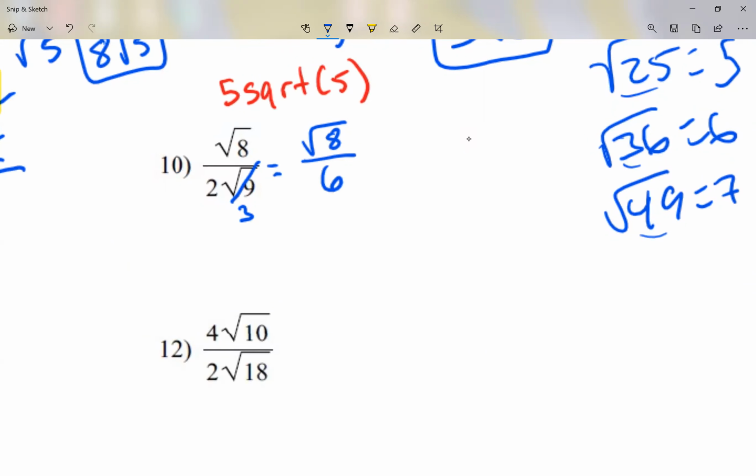Notice how my numbers at the bottom, 2 and 3, have multiplied. But then I also ask myself, can I simplify the square root from the top? I can break that as square root of 4 times square root of 2, because the square root of 4 becomes a whole number. So on the top, I have 2 radical 2. At the bottom, I have a 6.